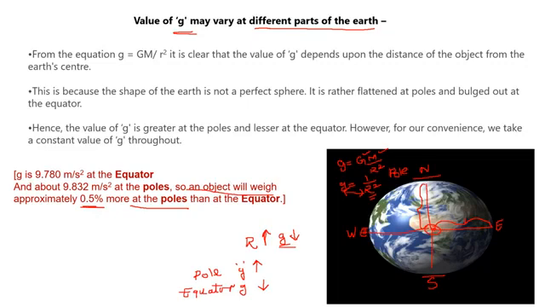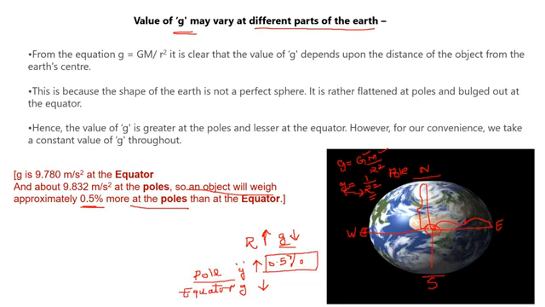Because on the pole the gravitational pull is more, weight will be more here. The additional weight on the pole compared to the equator is 0.5%. So an object will weigh 0.5% more on the poles rather than on the equator.